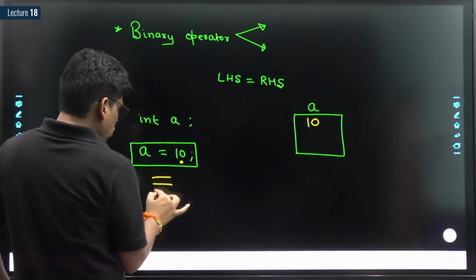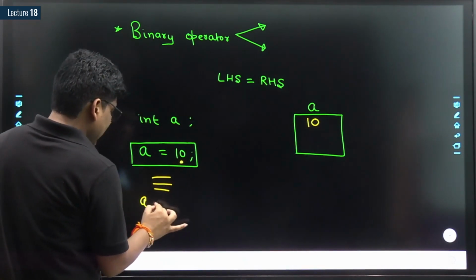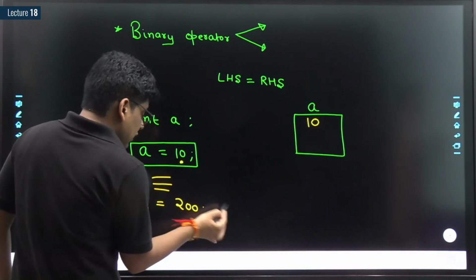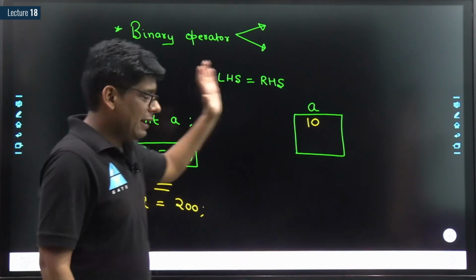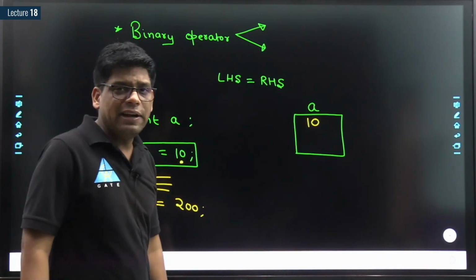Let us suppose this is your code, and after a few lines, you write A is equal to 200. Sir, what will happen? Right now, what is the value residing inside A? 10.